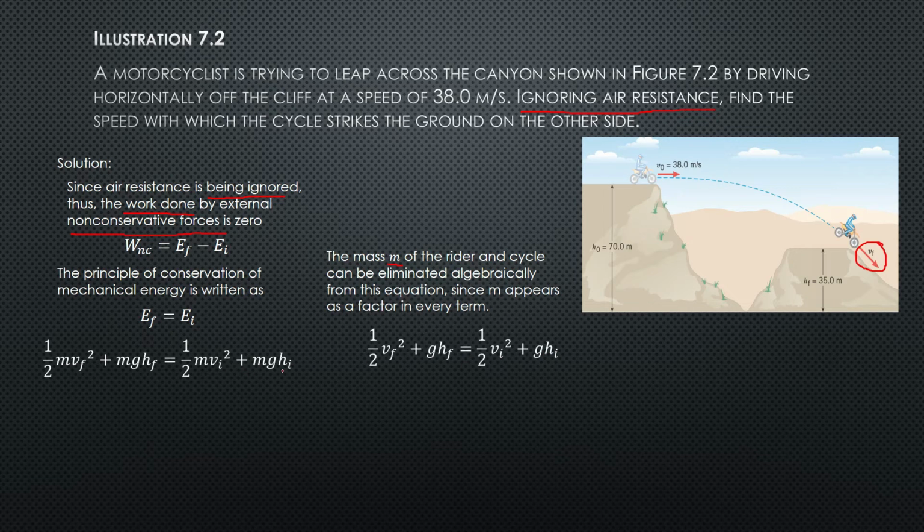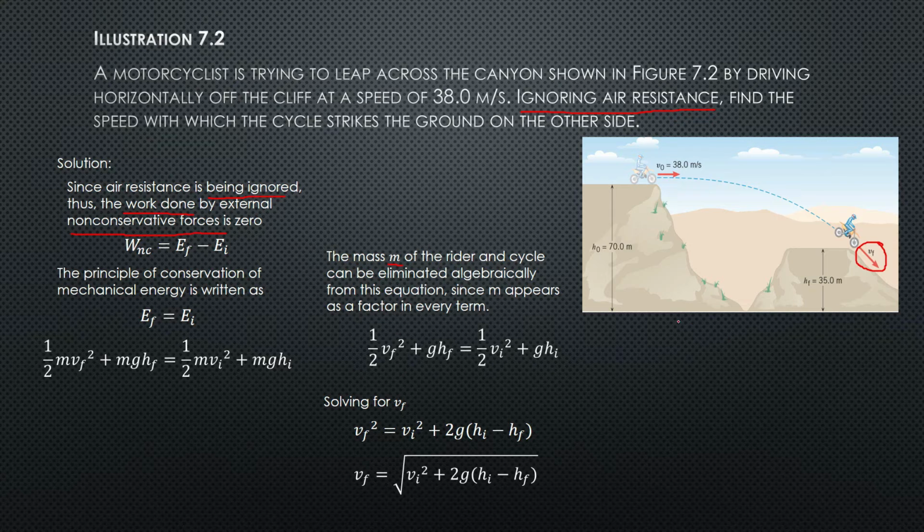Then solving for the final speed: this term can be transposed and becomes negative, so minus g h_f, and multiplying both sides by 2.